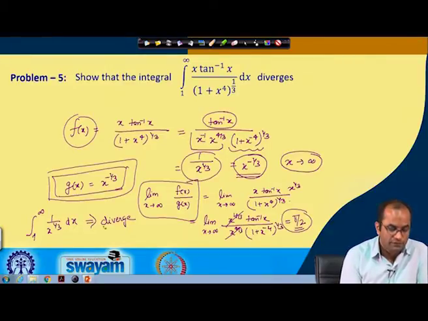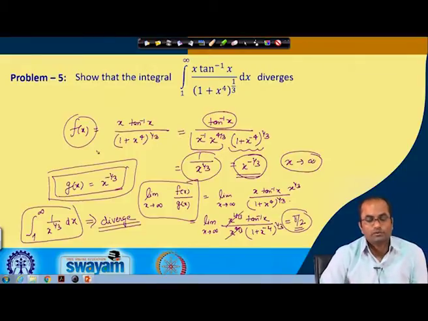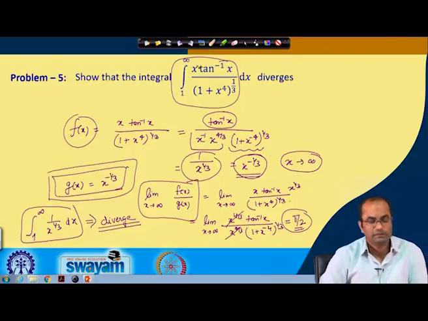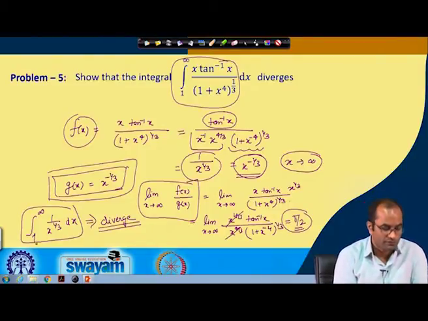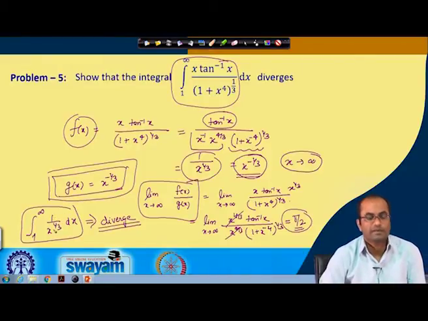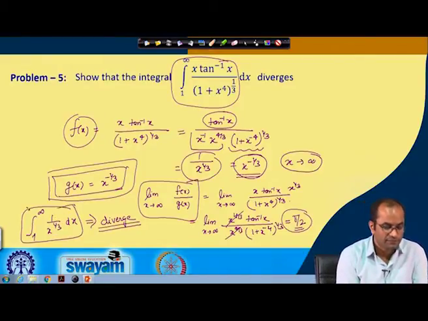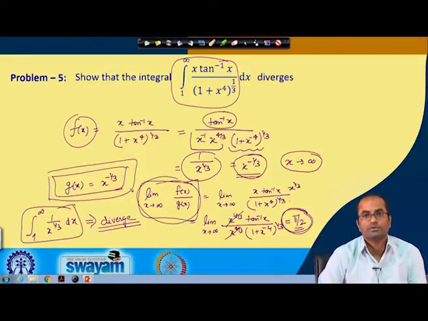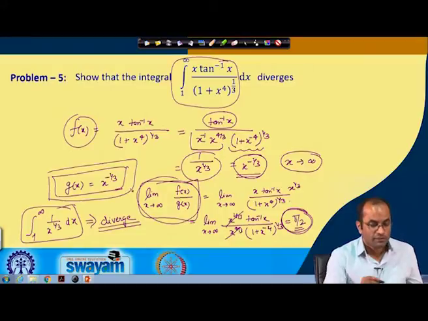Therefore the integral over f will also diverge, which is what is given in the problem. This integral diverges because we have compared it with the integral from 1 to infinity of 1 over x to the power 1 by 3 dx, and they both behave the same as x approaches infinity.